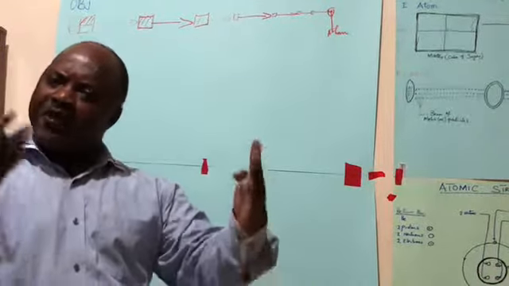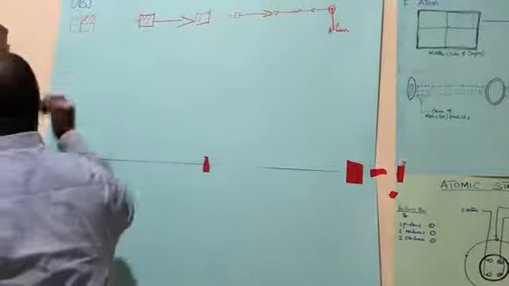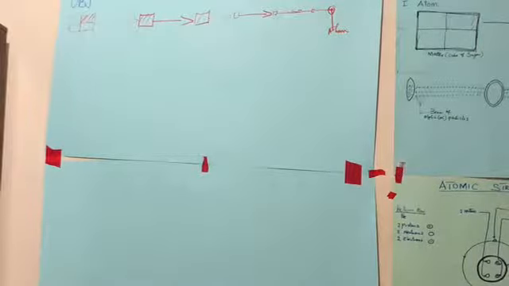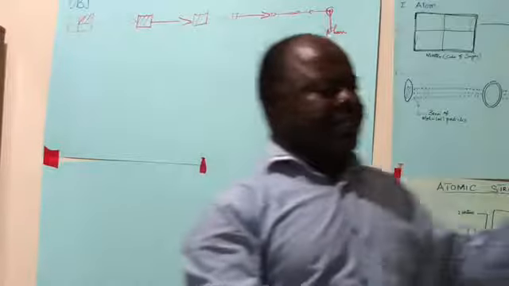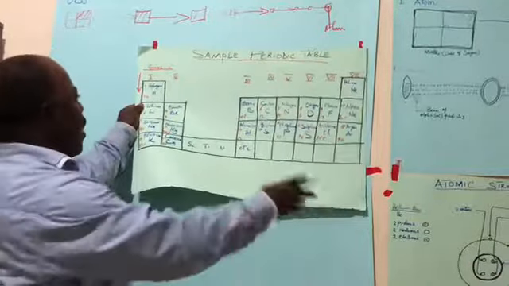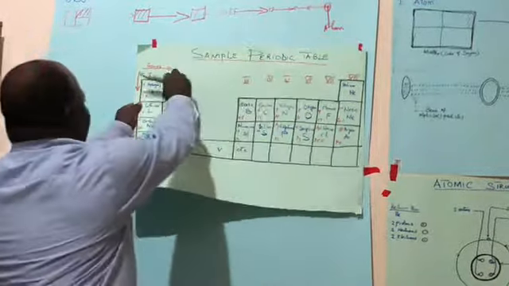They are the same in their physical and chemical properties. For example, this is a sample of the periodic table, where we have group 1 elements, group 2, group 3, group 4. And these are metals. 1 and 2 are metals.